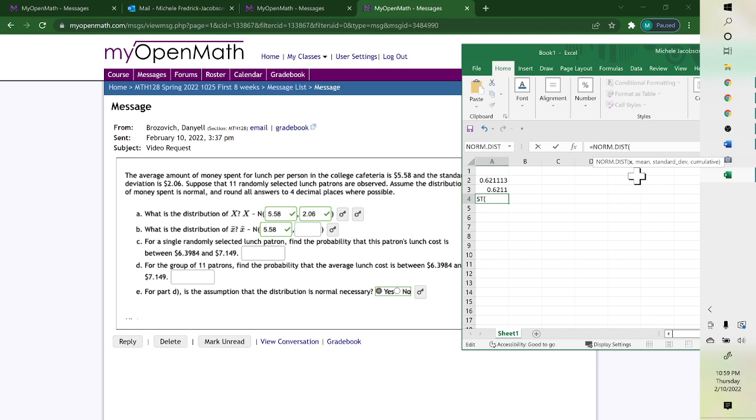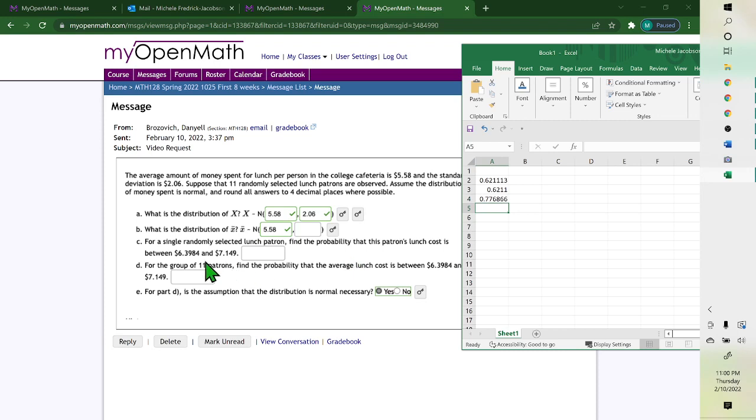Our X value was 7.149, comma, the mean. We're using the mean and standard deviation from A because it says a single randomly selected patron, comma, 2.06, comma, 1.